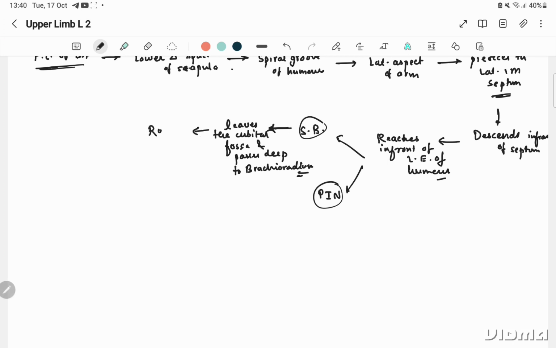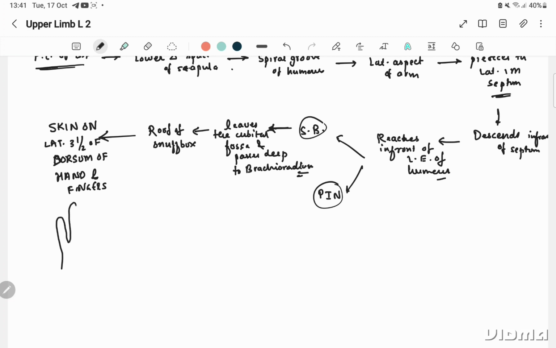Then it goes to the roof of the anatomical snuff box, and it supplies the skin on the lateral 3½ of the dorsum of the hand and fingers. Okay, it supplies this part.